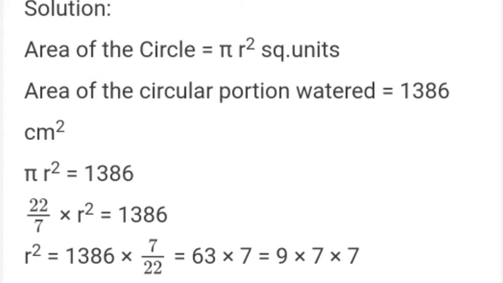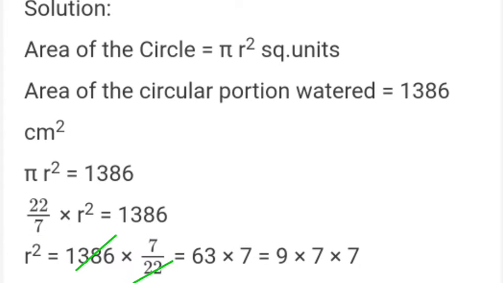By using the values of the area and pi in the formula, we get 1386 is equal to 22 by 7 into r squared. This equation can be written as r squared is equal to 1386 into 7 by 22.